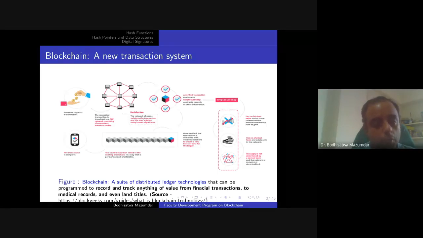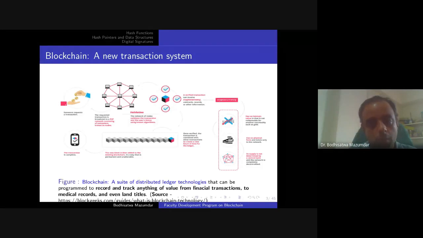Somebody requests a transaction, and this transaction is broadcast onto the entire P2P, that is, peer-to-peer network. In this system, each network node is basically a computer, which we refer to as a node, and each such node has a certain minimum computational power.